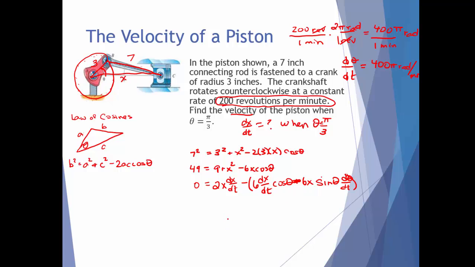So we actually have substitutions in for a lot of this. We have 0 equals 2. I'm going to leave the x as an x for just a moment. We'll come back for that. Dx dt is what we're looking for, so we don't expect to plug in for dx dt. We'll have minus 6 dx dt, which again, we don't expect to plug in for that, but we have cosine of theta. Now that we've taken the derivative, this is good for all time.